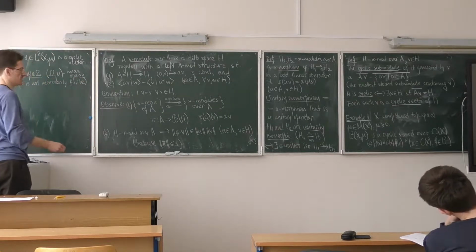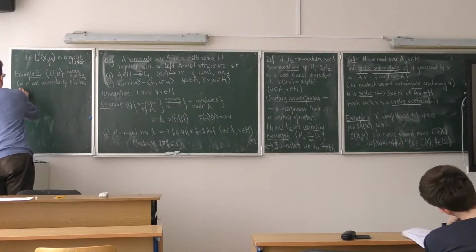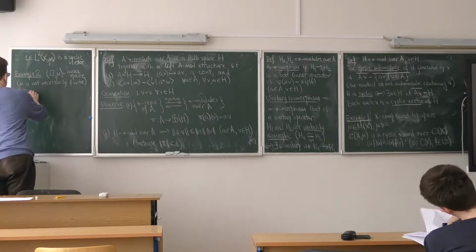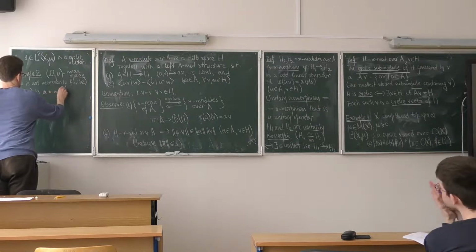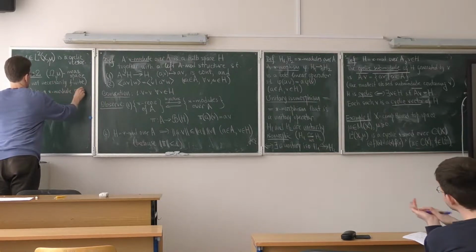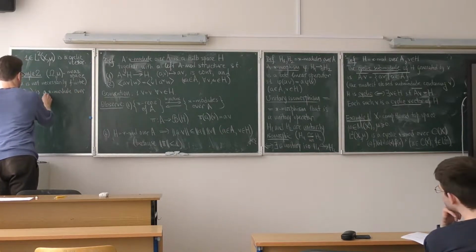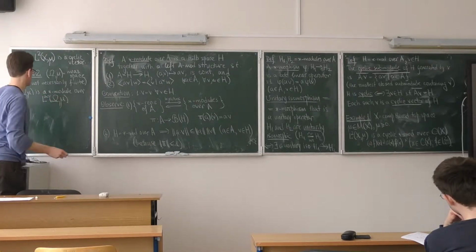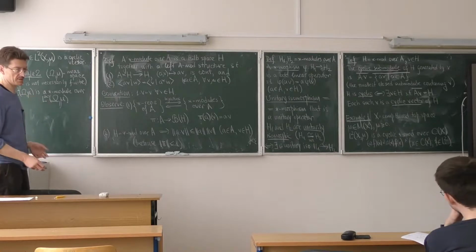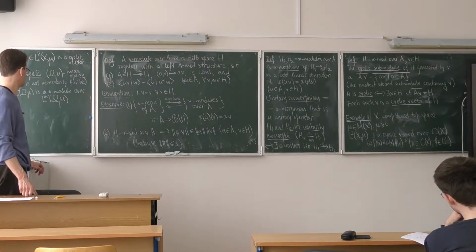First of all, observe that L2 of omega mu is a star module over the algebra L infinity of essentially bounded measurable functions, again for the pointwise action. The action is the pointwise multiplication.